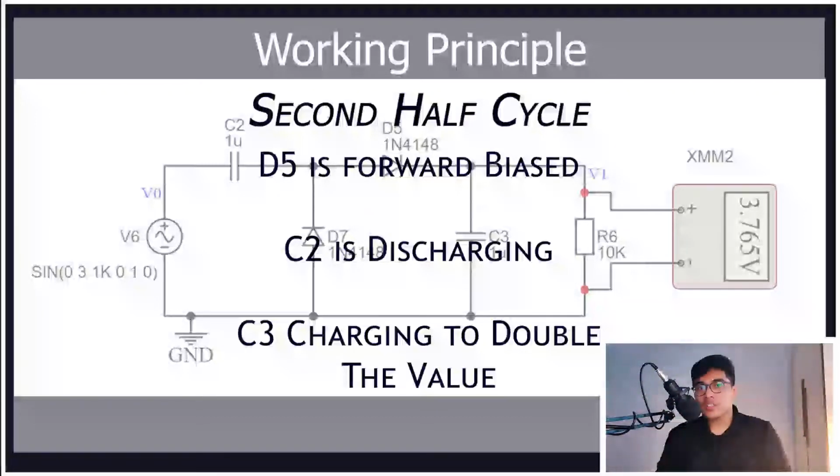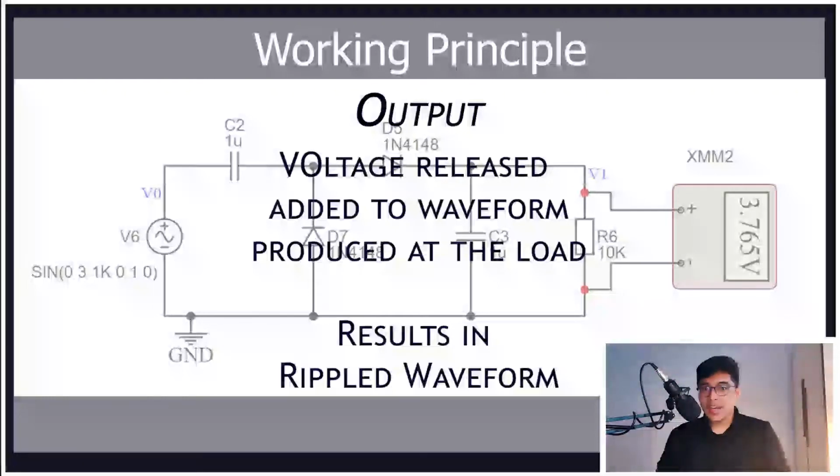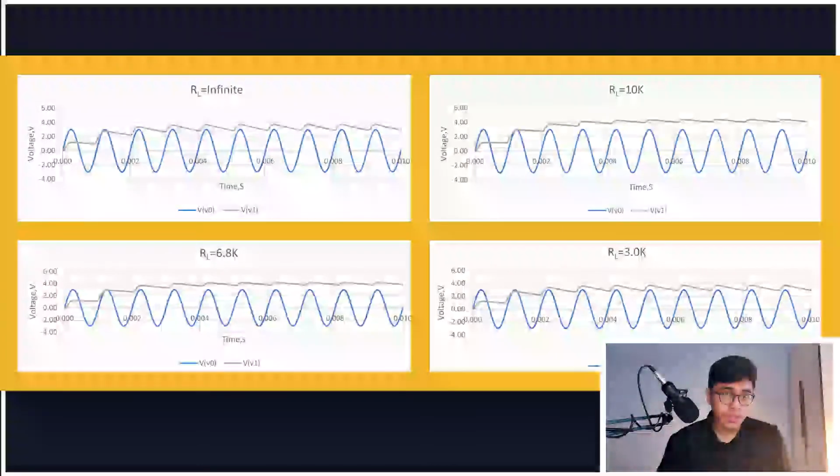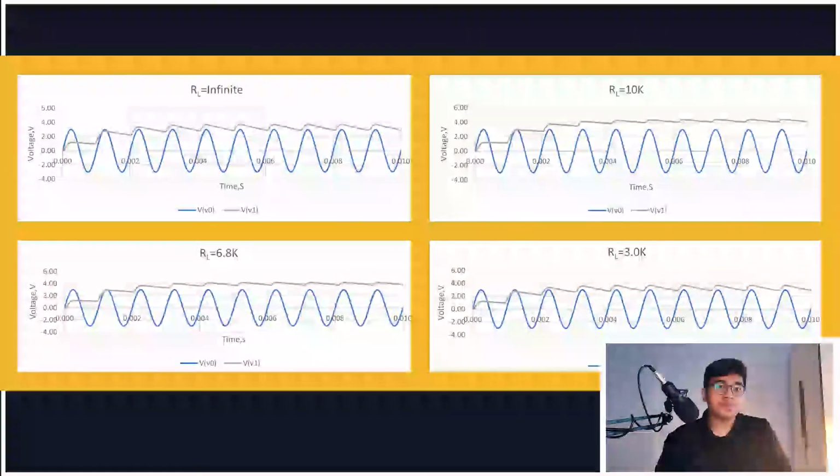Since C2 discharged, the voltage released is added to the waveform produced at the load, which results in the waveform being rippled as capacitor C3 discharges and gets ready for the next half cycle. The trend of the doubler is that the multiplied voltage will go down when the resistor has a low resistance value, as can be seen from all of these graphs shown now.